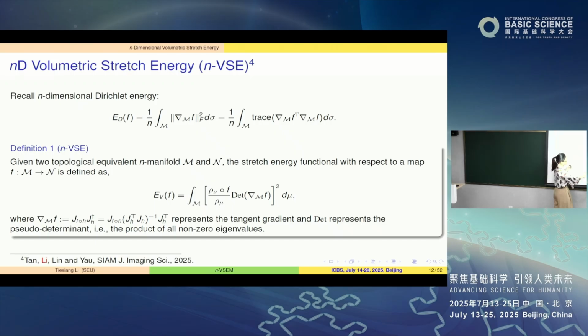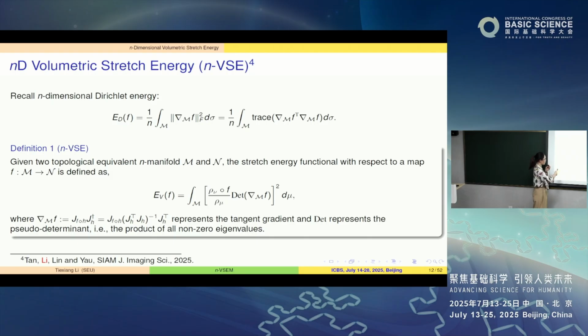Here we see the det. The det is the pseudo determinant, that is the product of all non-zero eigenvalues. Because here this matrix is not square, maybe there are zero eigenvalues in this matrix.